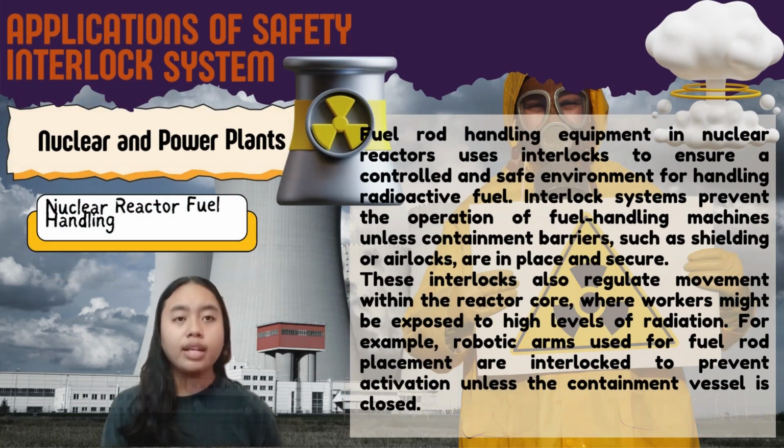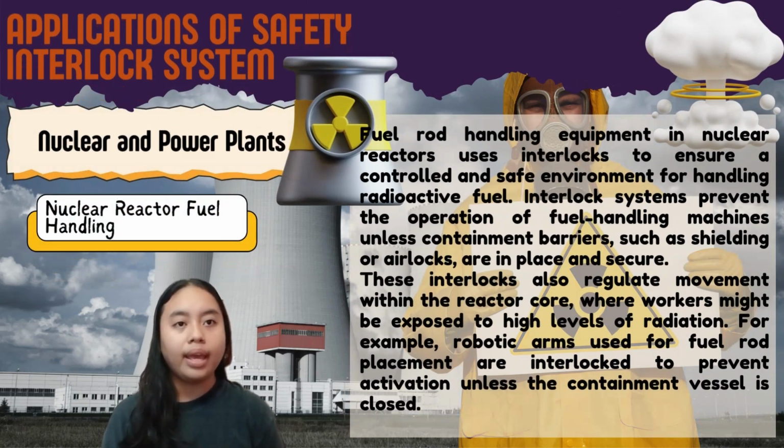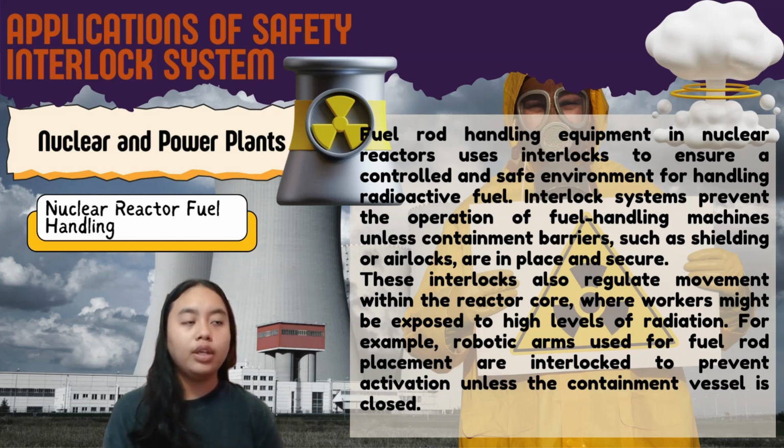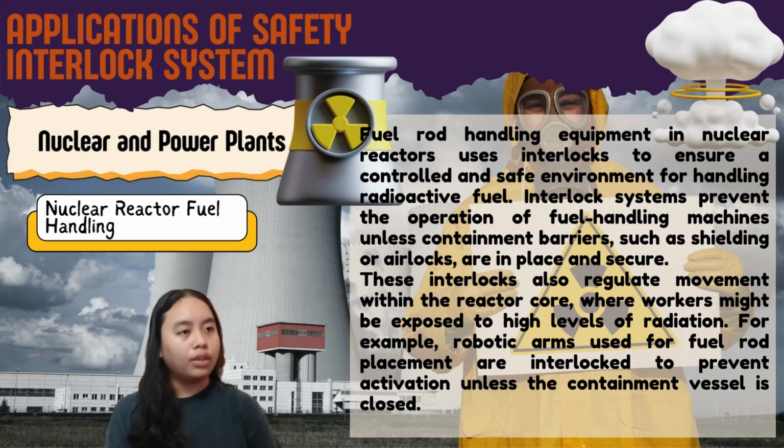The next one is nuclear and power plant. Nuclear reactor fuel handling. Fuel rod handling equipment in nuclear reactors use interlocks to ensure a controlled and safe environment for handling radioactive fuel. Interlock systems prevent the operation of fuel handling machines unless containment barriers, such as shielding or airlocks, are in place and secure.